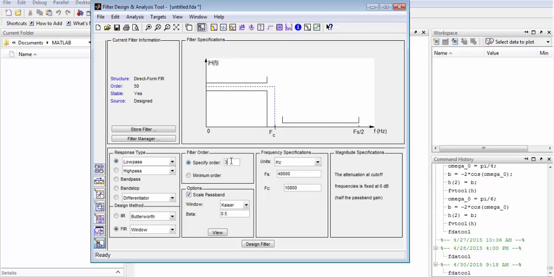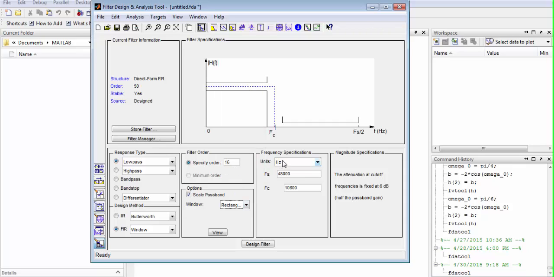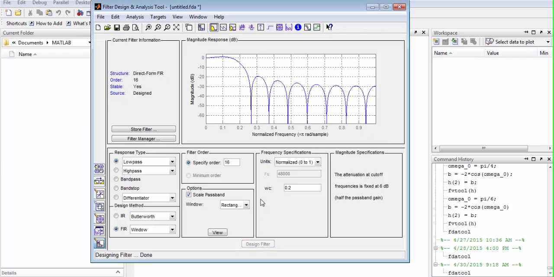First let's work with a length 16 filter. And since we have only studied rectangular windows so far, we'll just stick with rectangular window. We say we want a cutoff frequency of 0.2. We design it, and you see that if you zoom in, this is not of course constant in the pass band, and of course you have a transition. You don't have a very sharp cutoff.